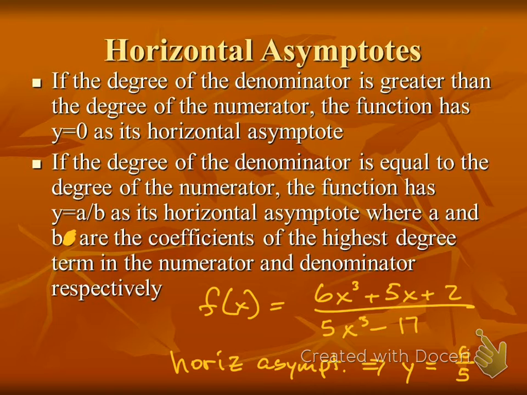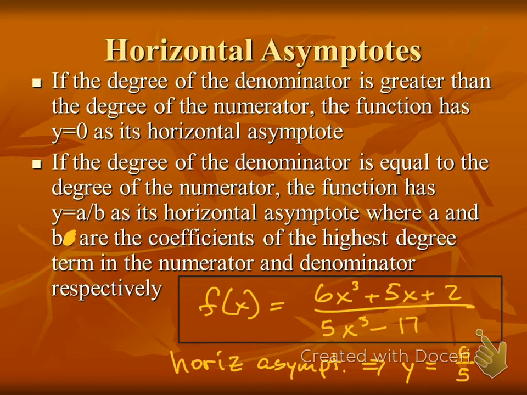Now, what does that mean? What does the horizontal asymptote tell us? It tells us that this very exciting, somewhat complicated rational function, as x gets really, really big, just becomes 6 over 5. When x is large, it's 6/5.